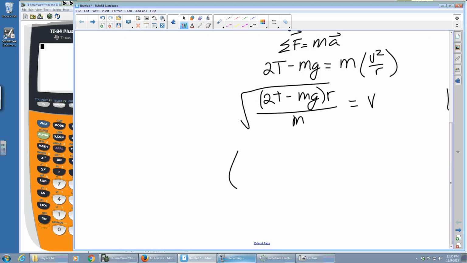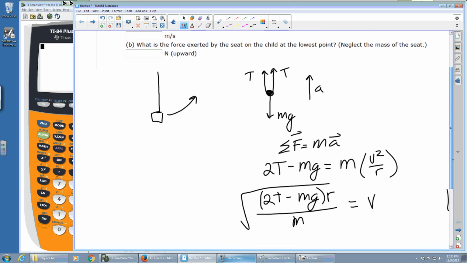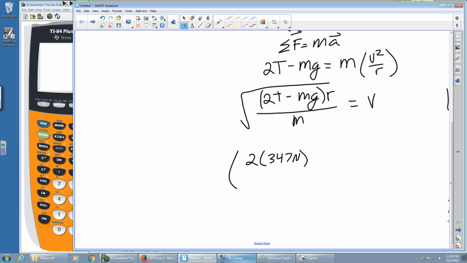Substitute in 2 times, I think mine was 347 newtons. Do I need to go further, or do you think you got it from this point? You think you're good? Okay, I won't even go into that.